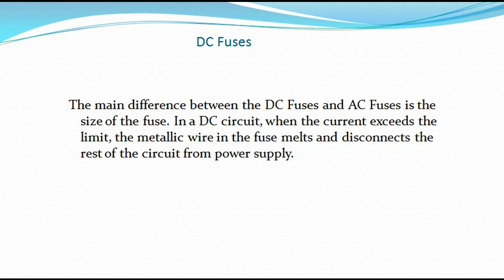Now let's go straight to DC fuse. The main difference between DC fuse and AC fuse is the size of the fuse. In a DC circuit, when the current exceeds the limit, the metallic wire in the fuse melts and disconnects the rest of the circuit from the power supply. I have explained this over and over.